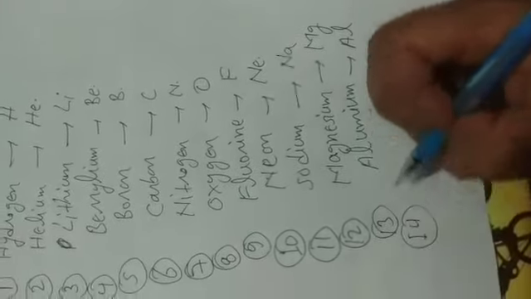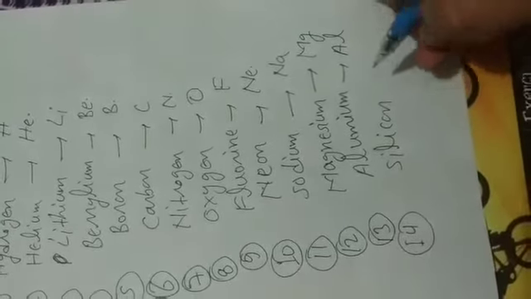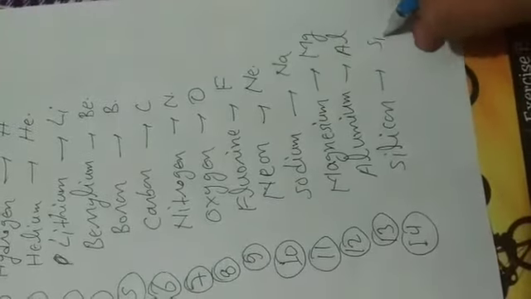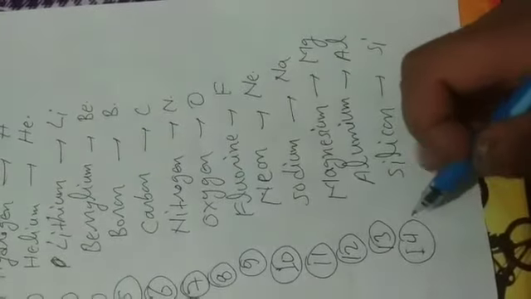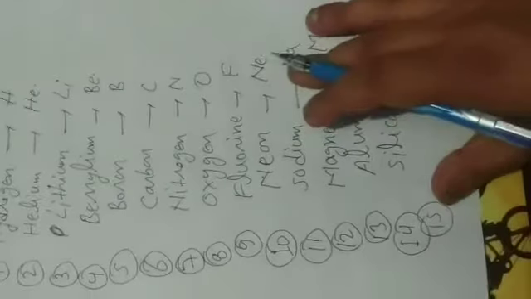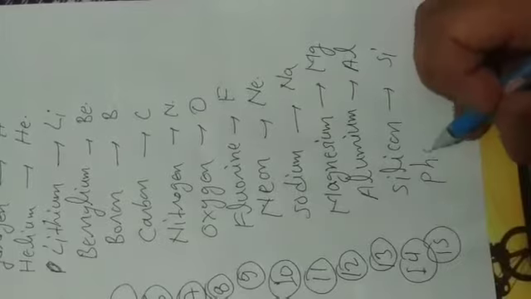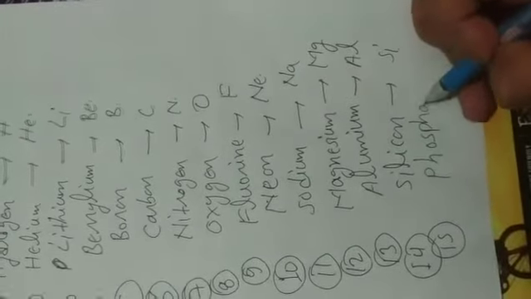14th element is silicon. Its symbol is Si. The 15th element is phosphorus.